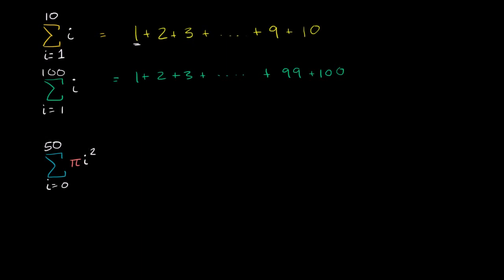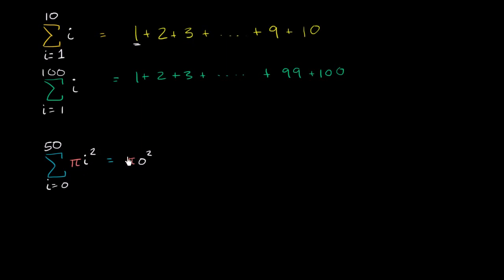Well, let's just go step by step. When i equals 0, this will be pi times 0 squared. And that's clearly 0, but I'll write it out. Pi times 0 squared. Then we increase our i, and we make sure that our i isn't already this top boundary right over here, this top value. So now i equals 1. Pi times 1 squared.